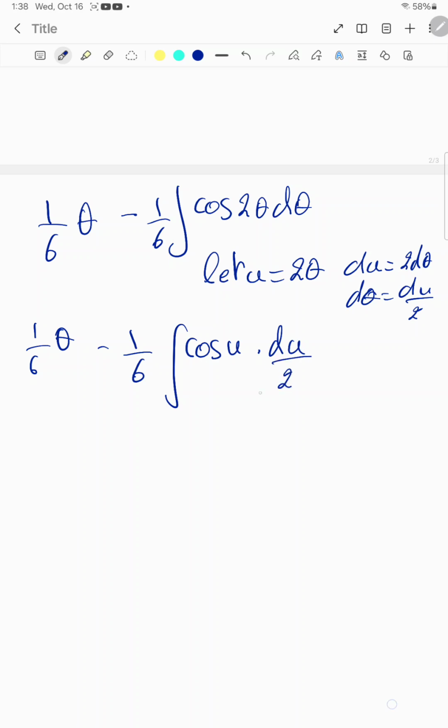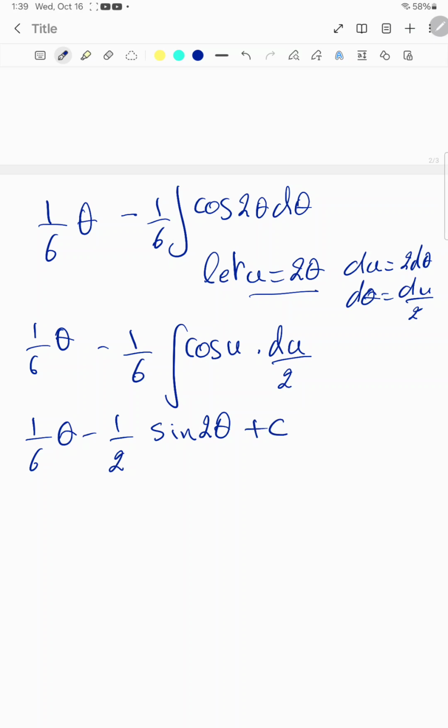And the 2 would go outside as 1 over 2. So I would have 1 over 6 theta minus 1 over 12, and the integral of cosine u is sine u. But I know that u is equal to 2 theta, so it becomes sine of 2 theta plus c.